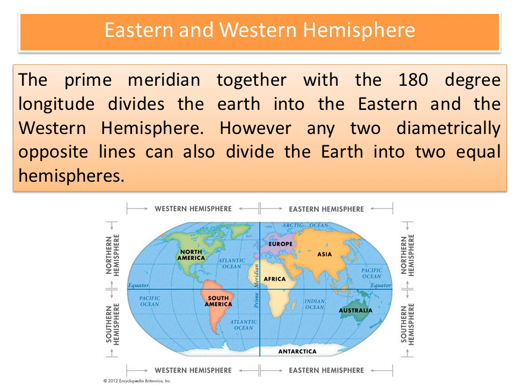The prime meridian, together with the 180 degree longitude, divides the earth into the eastern and the western hemisphere. However, any two diametrically opposite lines can also divide the earth into two equal hemispheres. As you can see, this is a map of the world, and this is the prime meridian passing through the center at 0 degree.